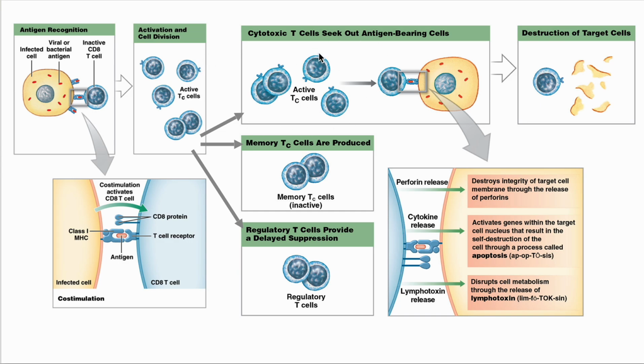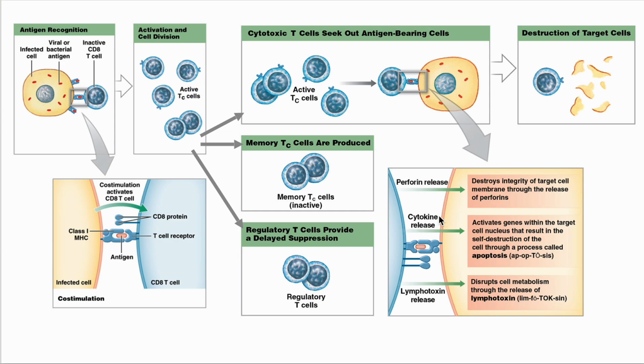Some of those daughter cells will become active cytotoxic T cells that will go look for the target pathogen that has that antigen. And anytime it finds that antigen on the target cell, it will destroy that target cell. It can do that with perforin, which will result in openings in the target cell, which will lead to lysis.